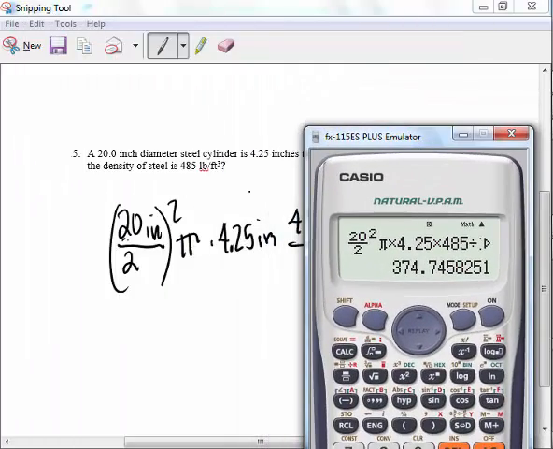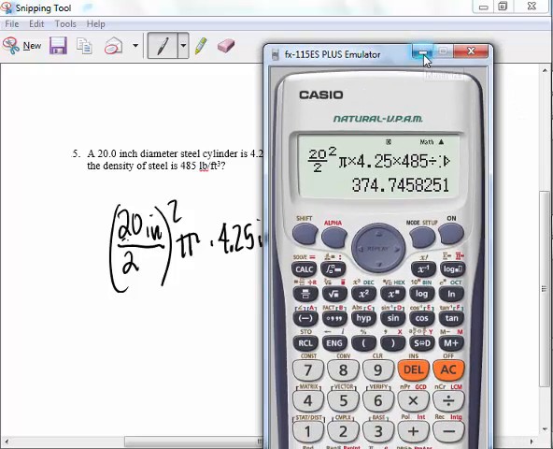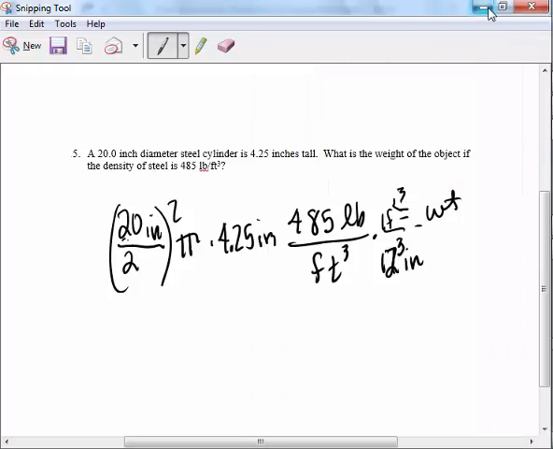That's a pretty big cylinder, 20 inches diameter. So it'd be maybe like a thick manhole cover, and they weigh a lot, I can tell you that.